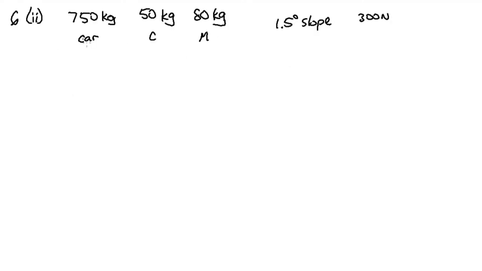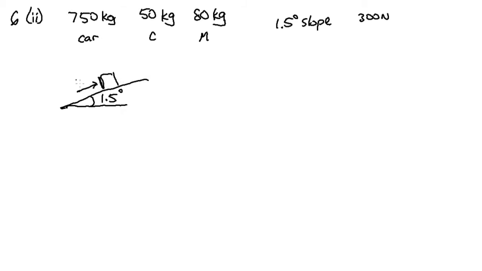Right now we need to show whether the car can go up the slope or not, when Carol is in the car, and when Carol is out of the car. So Martin is pushing up, so let's draw a free body diagram. It always helps to visualize things. This is a 1.5 degree slope with a mass on top, which is a car.